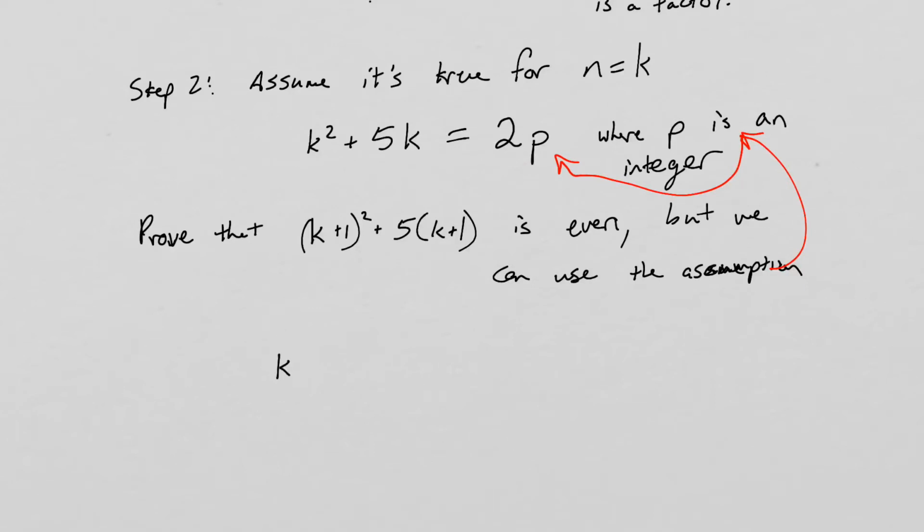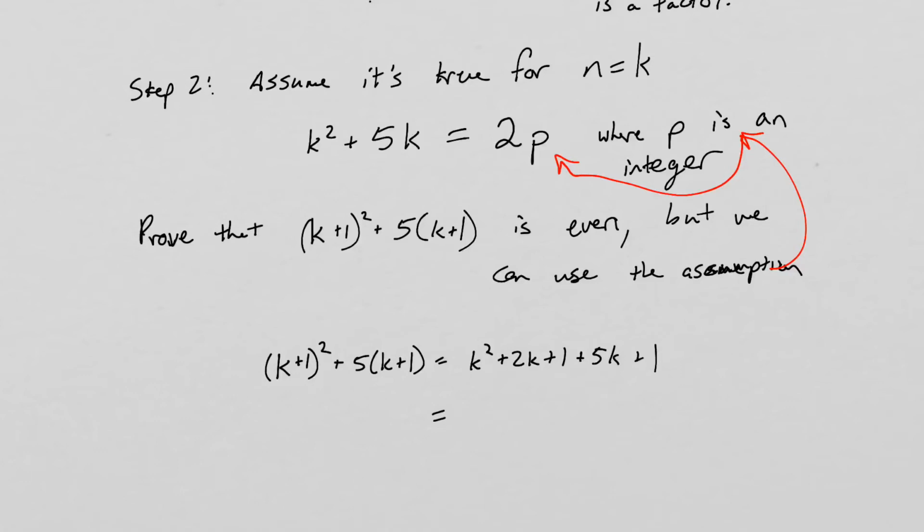Let's FOIL, so k plus 1 squared plus 5 times k plus 1 is of course equal to k squared plus 2k plus 1 plus 5k plus 1. And what we're going to have to do there is not actually combine like terms. Avoid that as much as you want to do it.